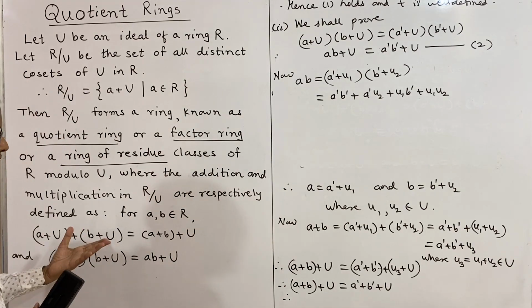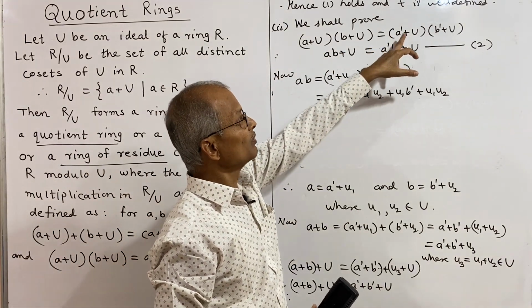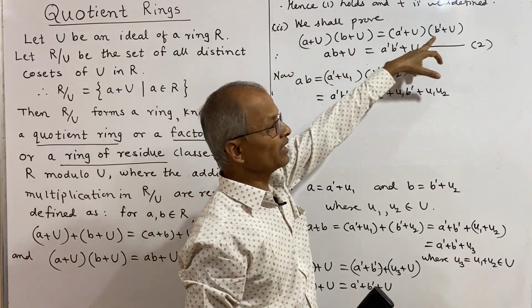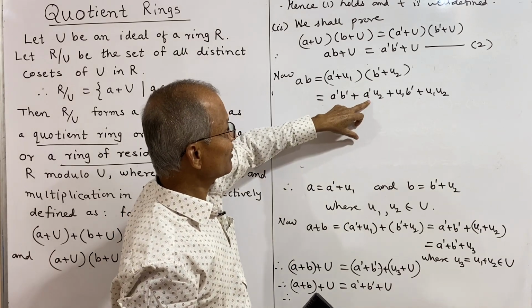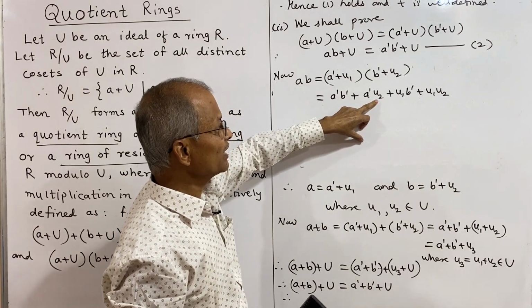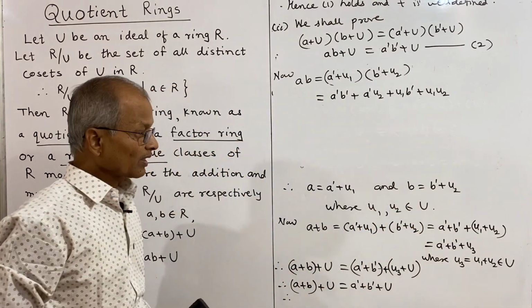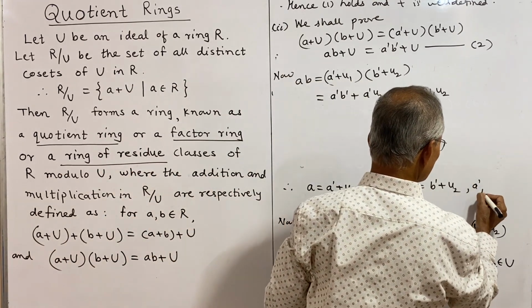And now you see, a dash is an element in R. Now see, we have supposed a plus u is equal to a dash plus u. Here a, b are in R, a dash, b dash are also in R, and therefore a dash is an element of R, u2 is an element of u.